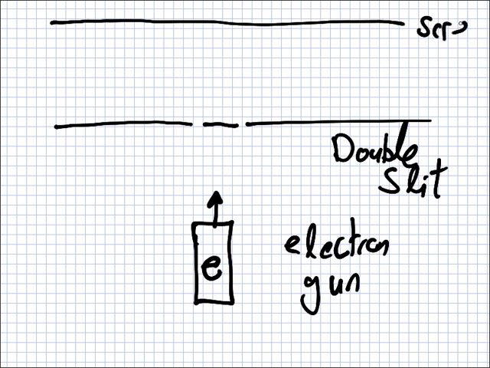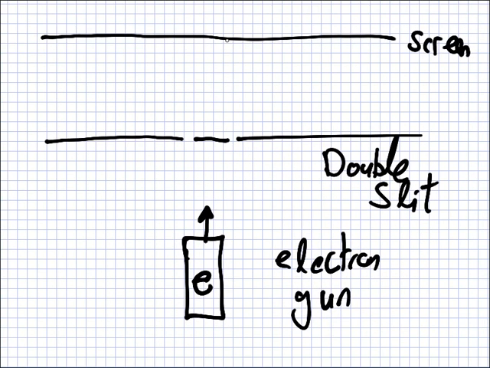Screen. What picture will I get here? Will I get A, two, or B, more than two? So is it going to be A or B? A. Why?